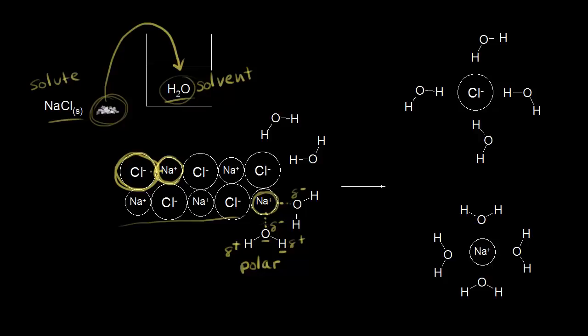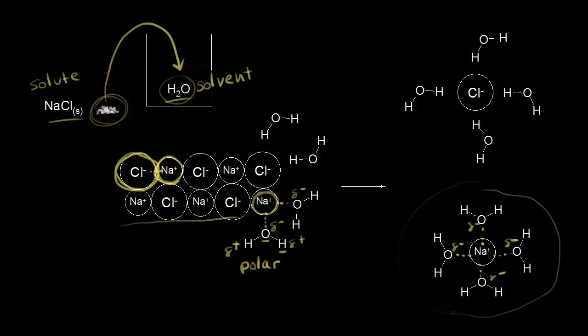And so the water molecules are going to pull off the sodium cations and eventually give you this situation over here. So we have the partial negative oxygens interacting with the sodium cation. So the water is a dipole and the sodium cation is an ion. So we could call this an ion-dipole interaction.